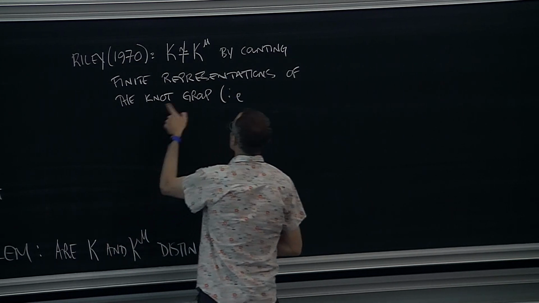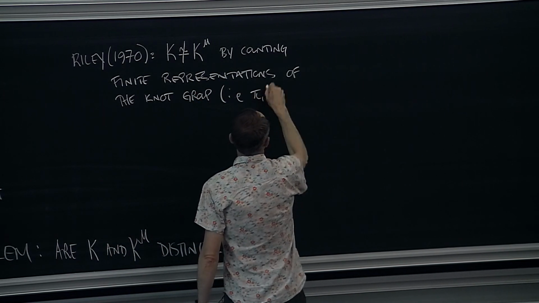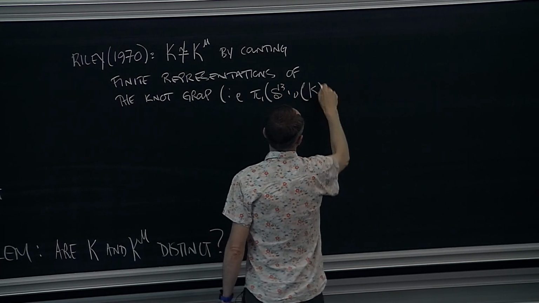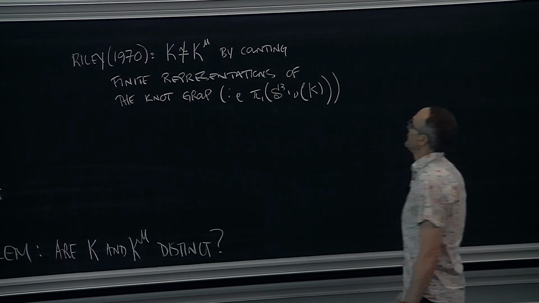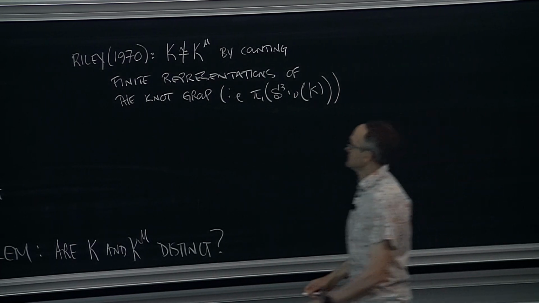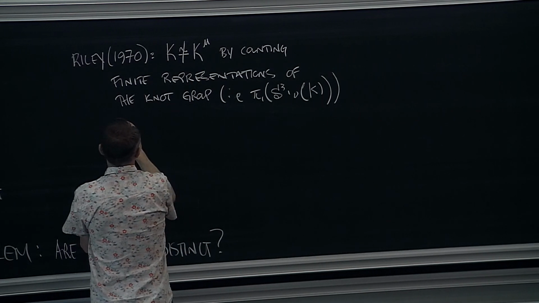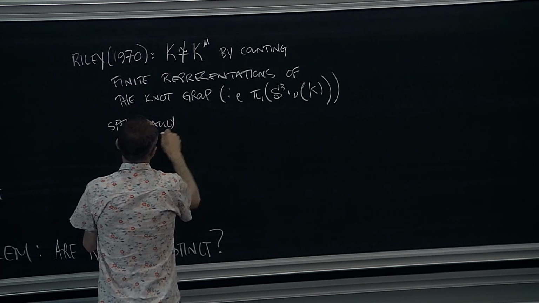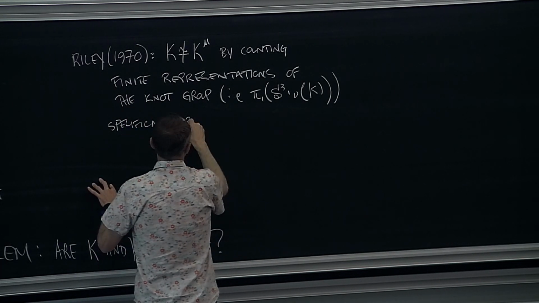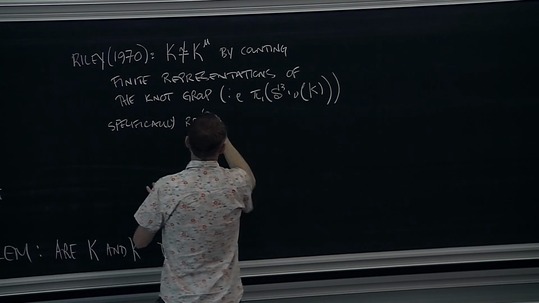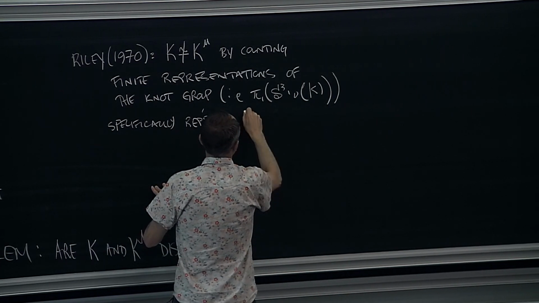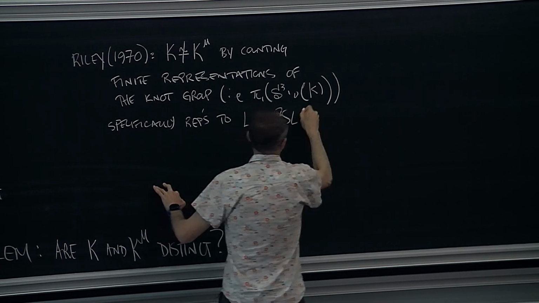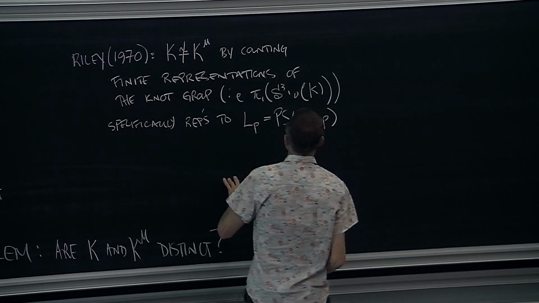just in case that terminology is new, this is the fundamental group of S3 minus a neighborhood of your given knot. In particular, specifically, what happens to work for these knots is representations to these groups L_p, so groups that are PSL_2(p) for some prime.